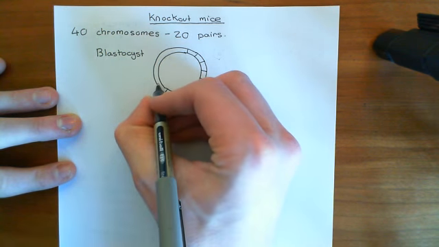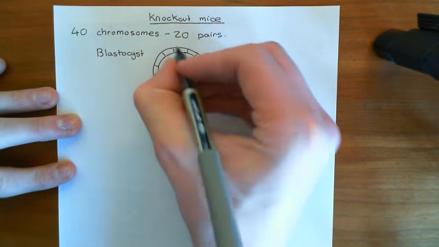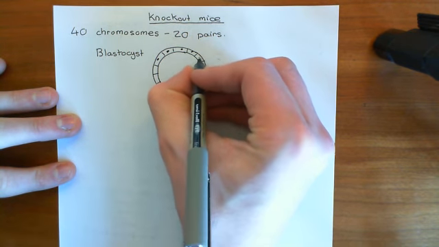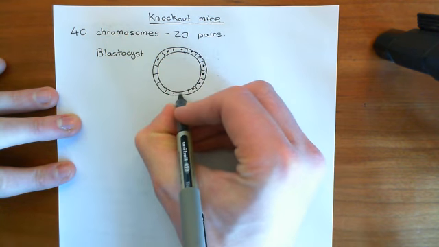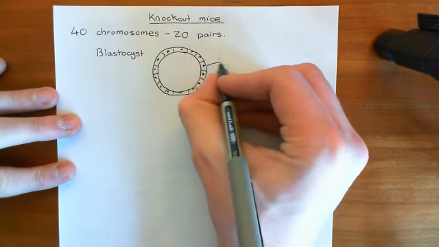A blastocyst overall is a spherical shape, and the outer surface of the sphere is made up by this outer surface of cells, and these cells in the outer surface of the sphere are known as trophoblasts. I'm drawing the trophoblasts now. Here are all their nuclei.